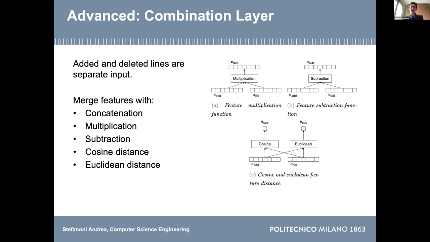For the other models that use the separate added and deleted lines, we created a combination layer which merges the feature-extracted embeddings, using a concatenation, multiplication, subtraction of these embeddings and the cosine and Euclidean distance.